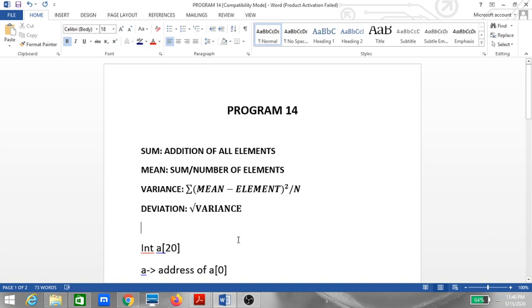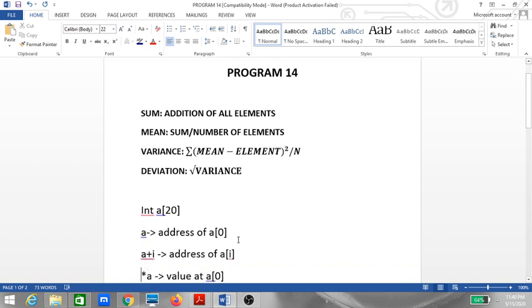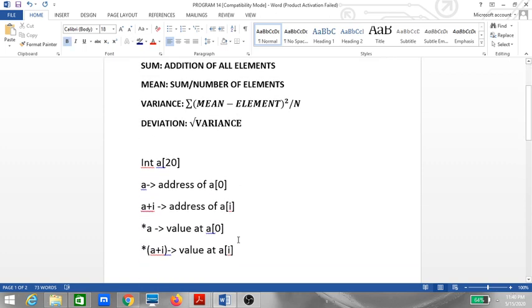So let us have some understanding of pointers, and how they work. We are not looking at pointers the way they are normally taught to you; we are looking at pointers from an arrays perspective. So if you have a statement like int a[20], that means you are creating an array whose max size is 20.